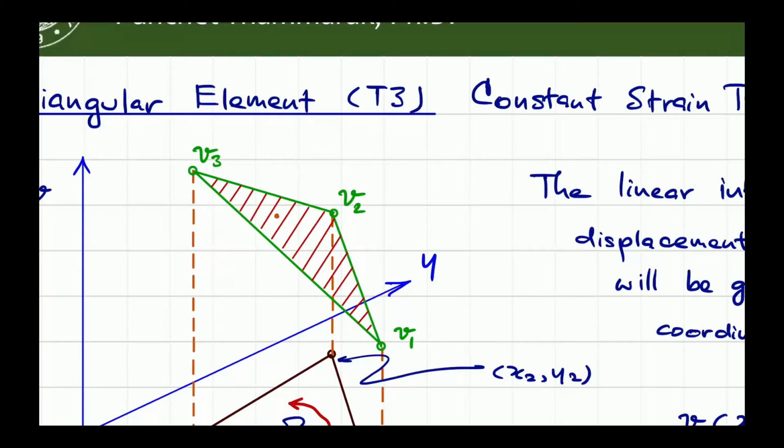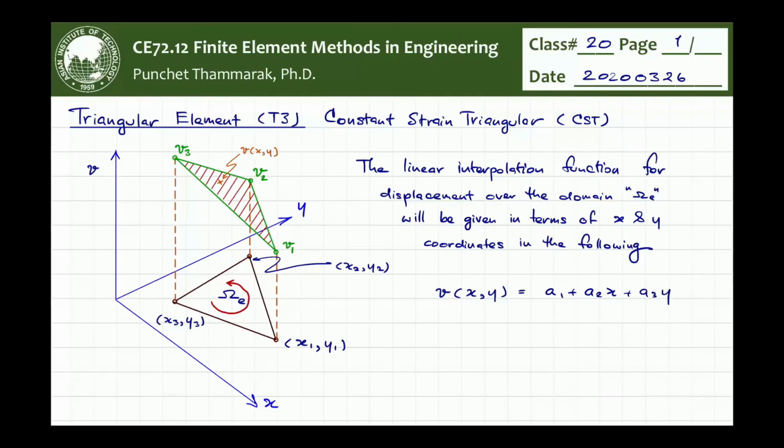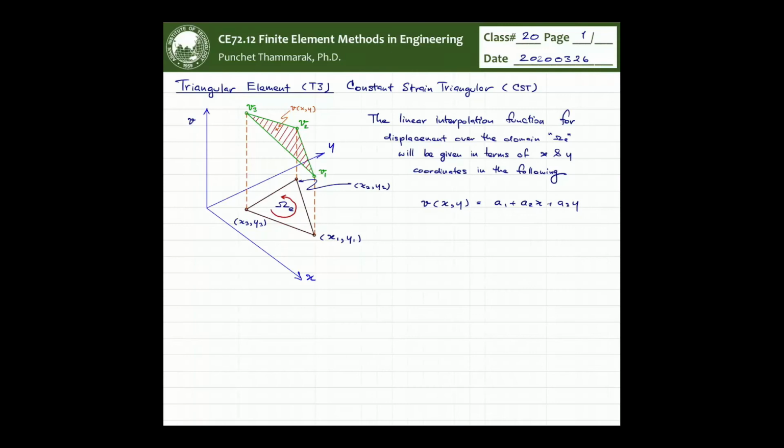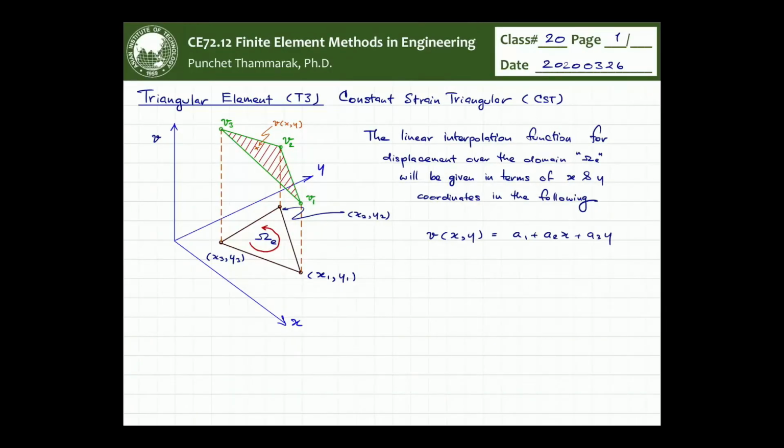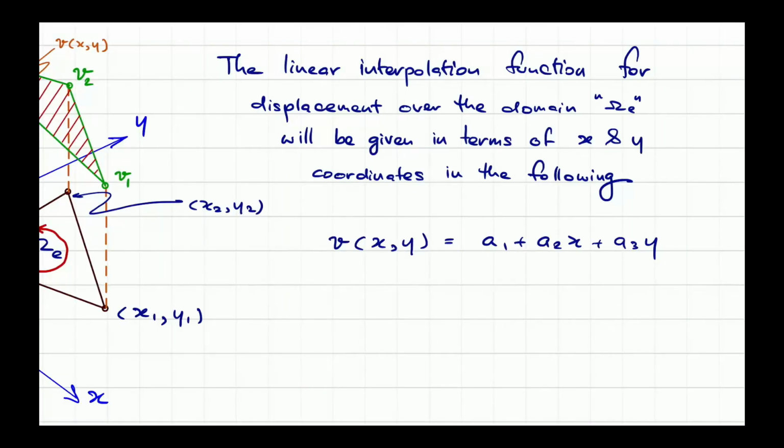So any point here, this is the v(x, y), which is given just on here. So the v function here contains the unknown constants, right?